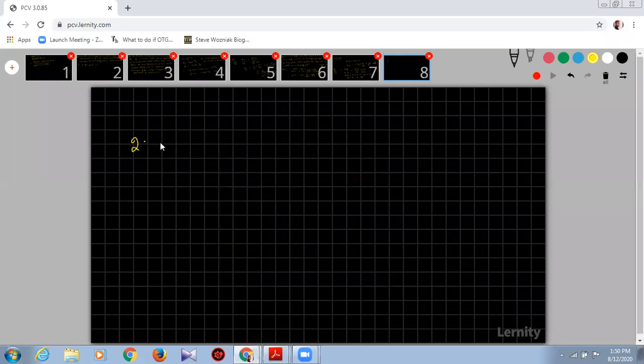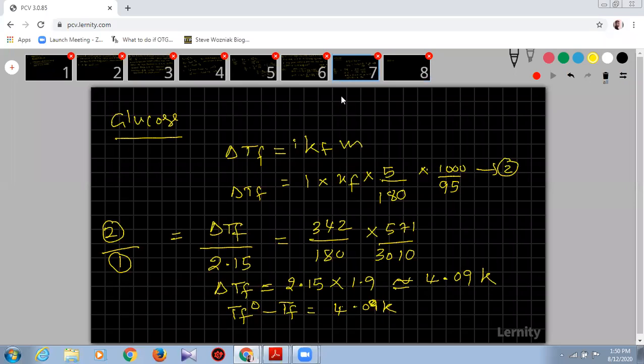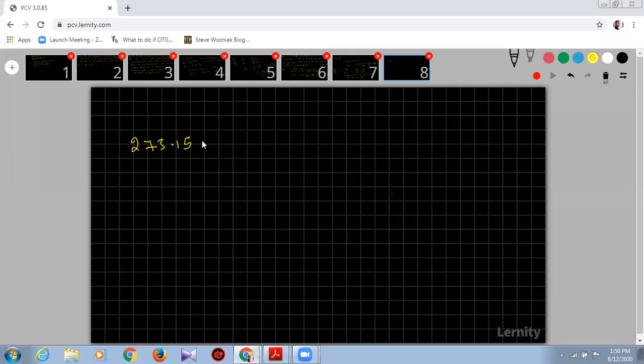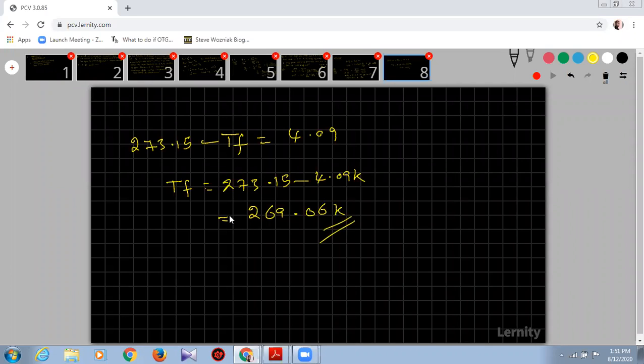So 273.15 minus TF is equal to 4.09 Kelvin, so TF is equal to 273.15 minus 4.09, which is nearly 269.06 Kelvin. Hope you understood this.